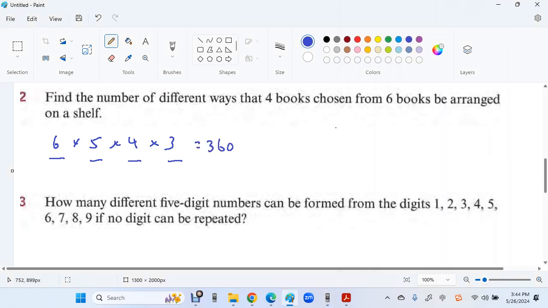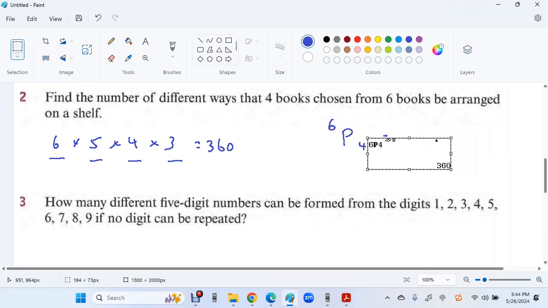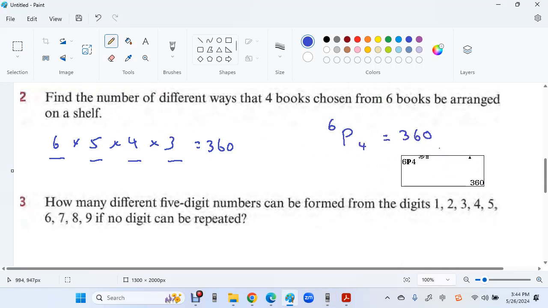We can also use permutation, 6P4, which gives 360.